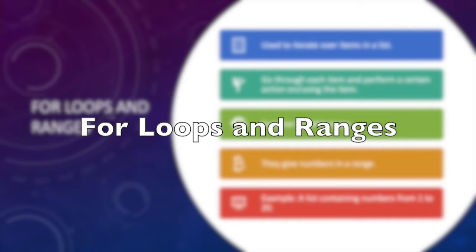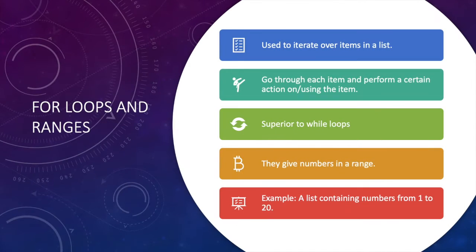Next topic is for loops and ranges. For loops are used to iterate over items in a list, or in a dictionary, or in tuples. You can iterate over each and every item and perform a certain action using those items.